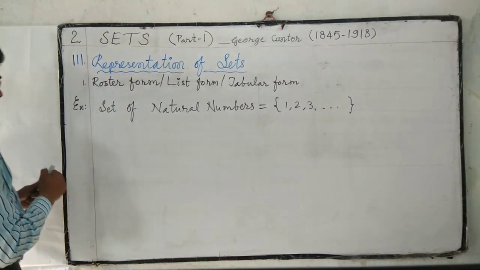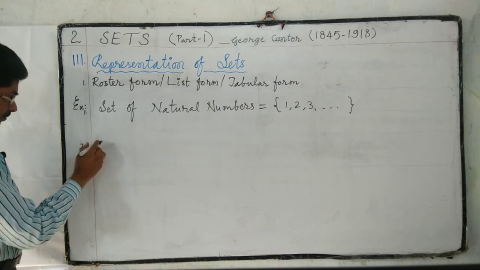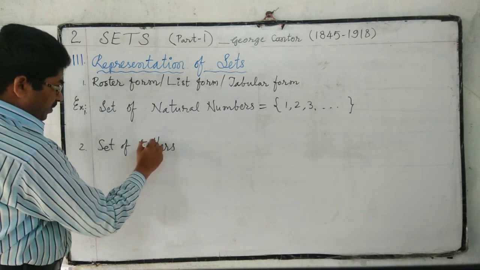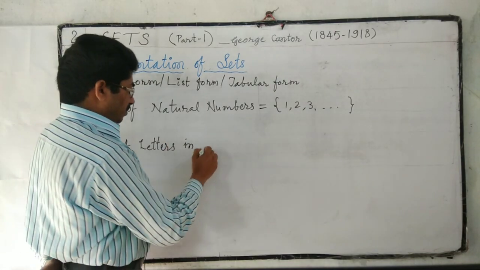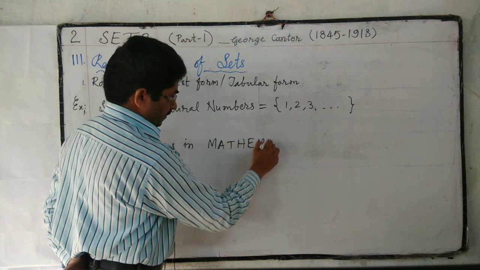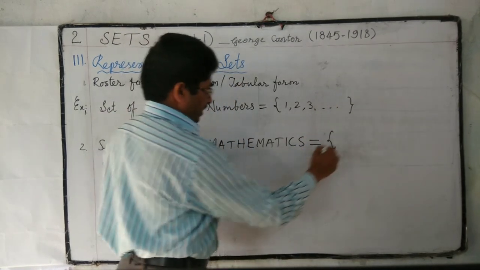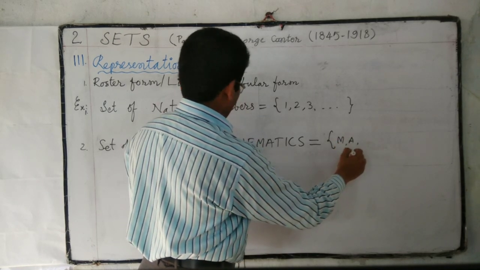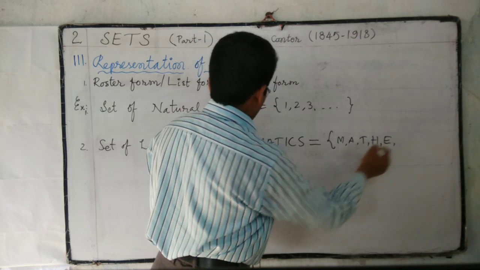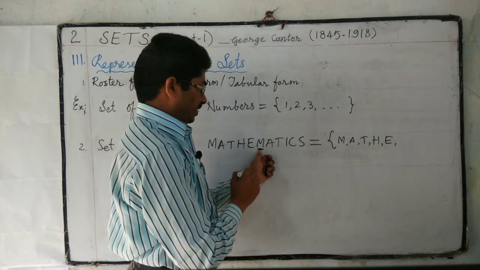One more example. Set of letters in mathematics: M, A, T, H, E. But M is repeated, so we omit this.